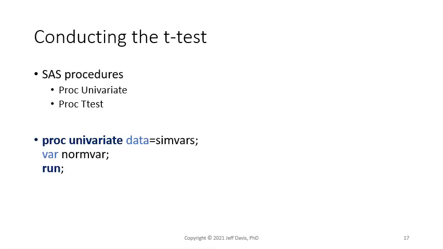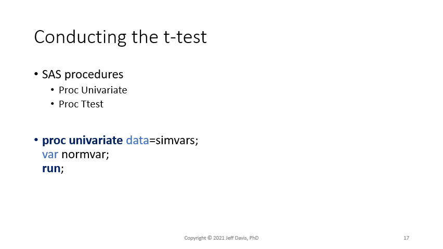So again, conducting the t-test, when you're working with a single sample case, you can just use the Proc Univariate procedure. This wouldn't work when we get into chapter 9 and look at the two sample t-test.